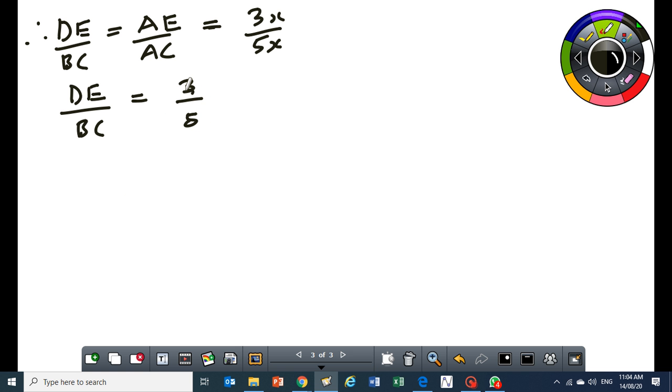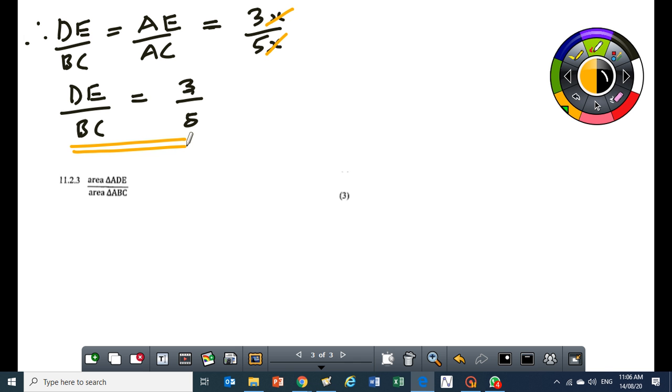Remember, the question is asking for a value. So this x and that x cancel because it's a common constant. Alright? Now we need to find the ratio of the area of ADE divided by the area of ABC.